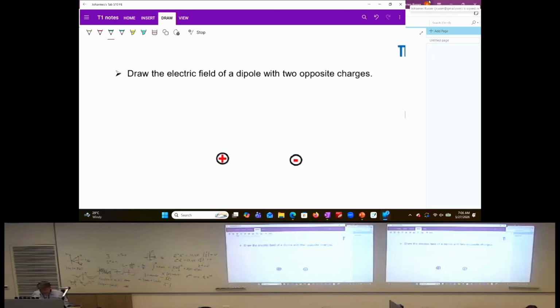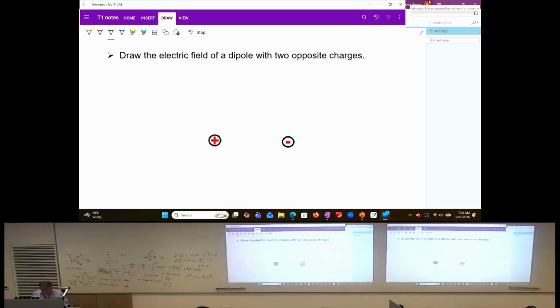So what happens if you have now two opposite charges? Well, the field lines, we said, point away from the positive charge and they point to the negative charge. And that means at the monopole they go radially outward, but if you have these two charges, then this is how the field plot will look.